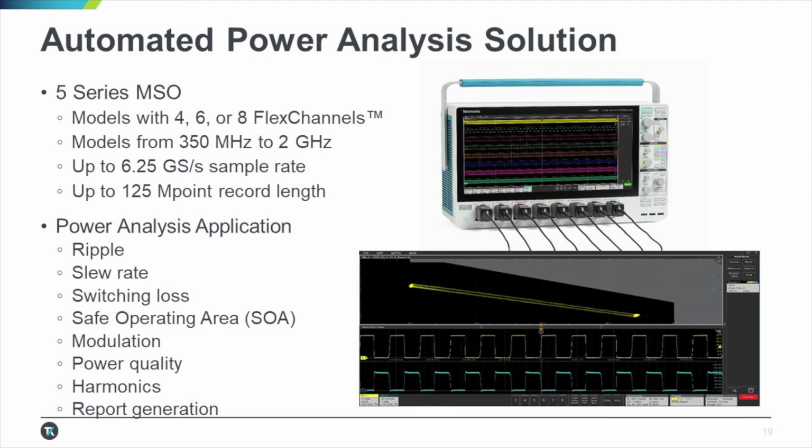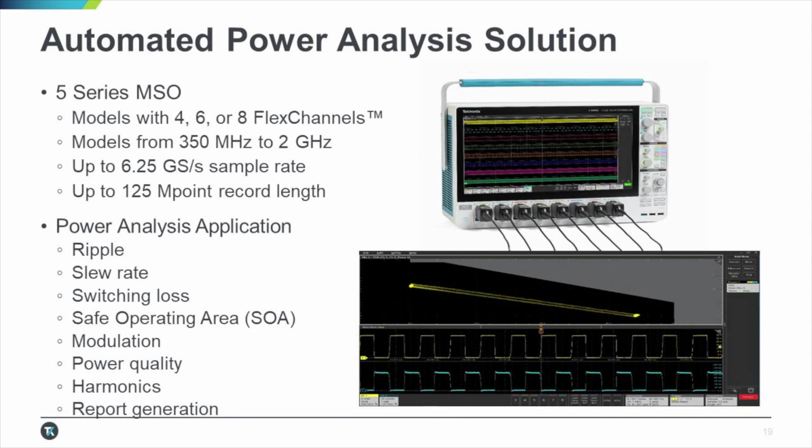And it is a full 12-bit ADC resolution scope with very fast sampling rates of up to 6.25 gigasamples a second across each channel, as well as up to 125 million points of record length. More than enough to be your bench scope of choice for your power designs.